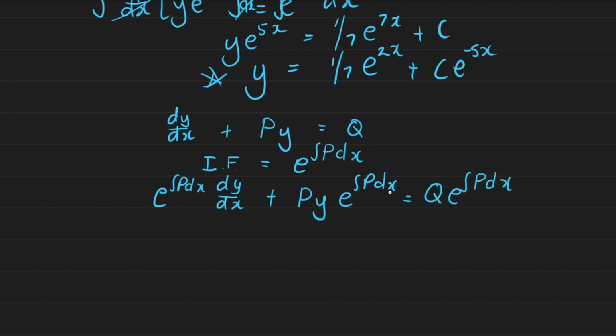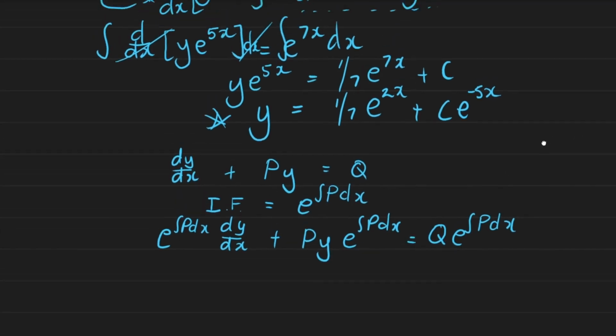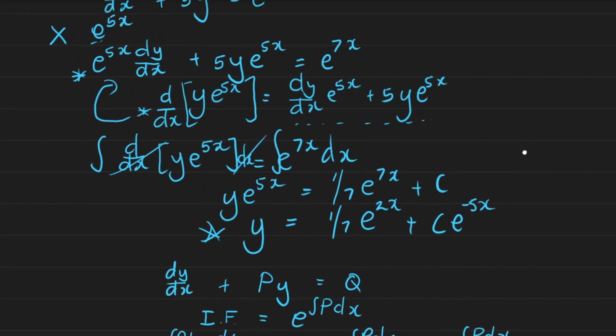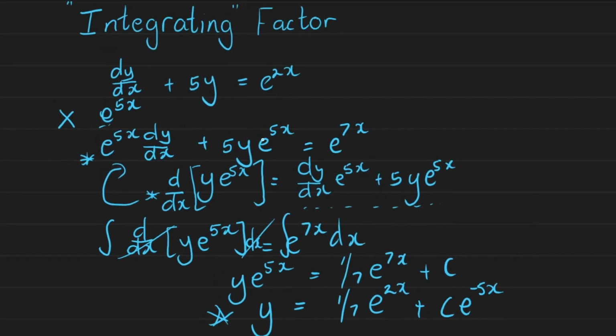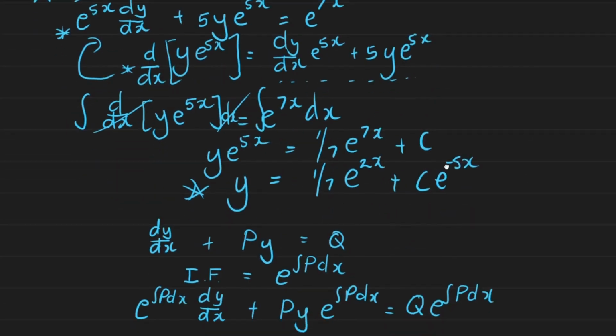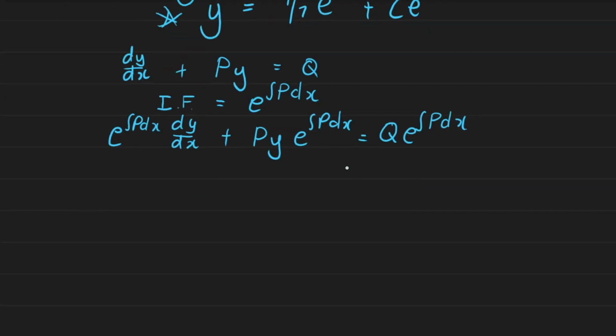So this left-hand side of this equation, if we just go back up to this example, we can see that the simplification that we applied was that this left-hand side is actually equal to the derivative with respect to x of y times e to the power 5x. So we can just generalize that observation.